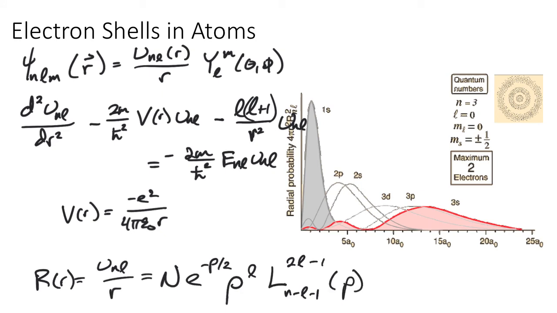And that Laguerre polynomial is also a function of rho. And in this case, we always take rho as 2 over a naught times r. And a naught is the Bohr radius, h bar over alpha m c.